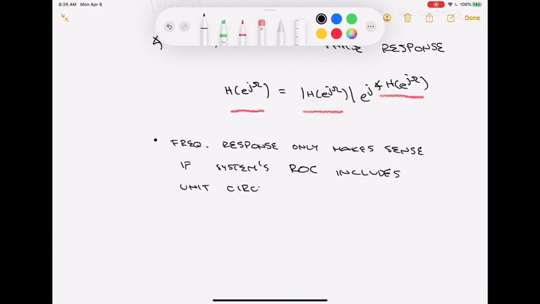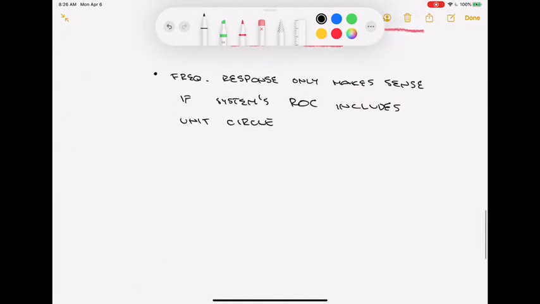Because frequency response looks at the system function on the unit circle, if the unit circle wasn't included in the region of convergence, we'd be looking at a place where it doesn't exist. You could calculate it, it just wouldn't give you anything useful.